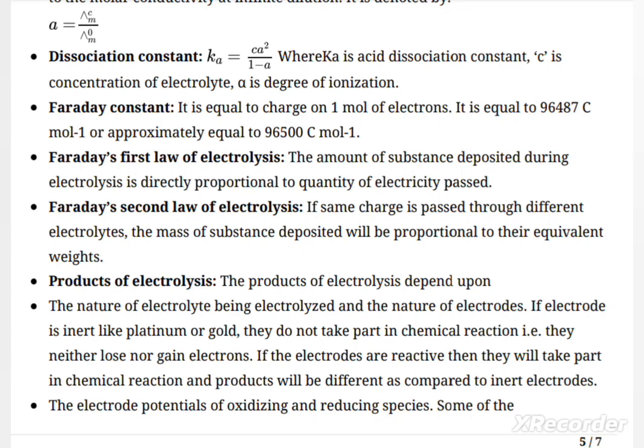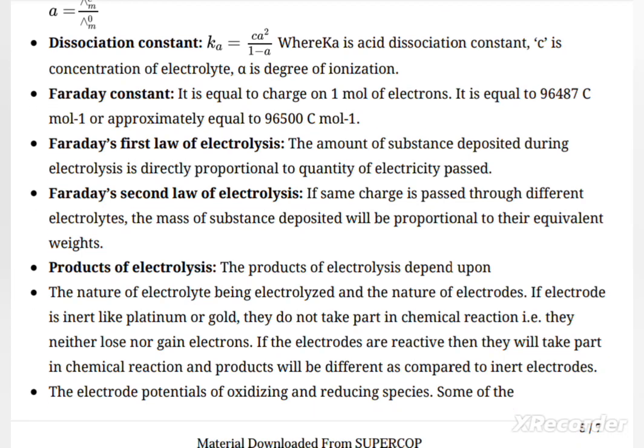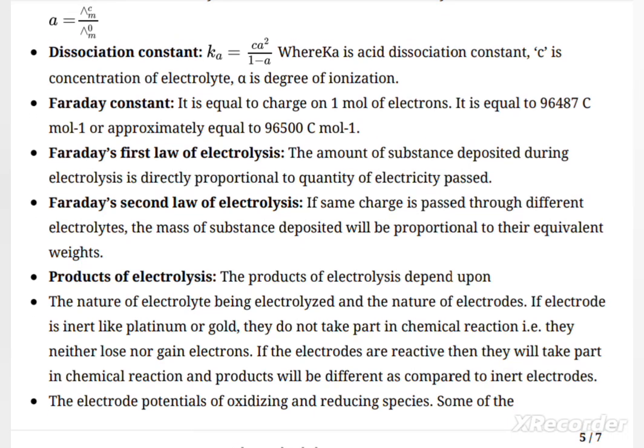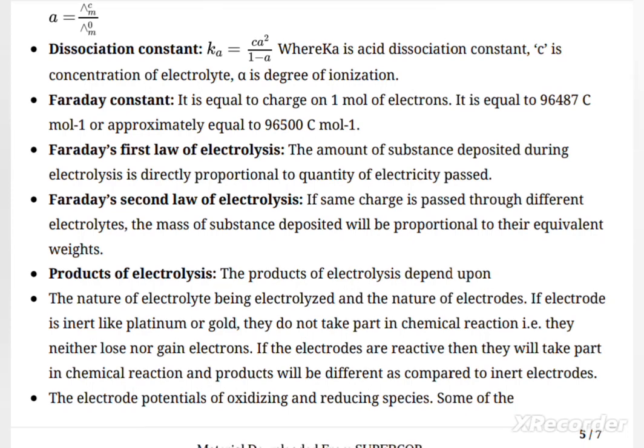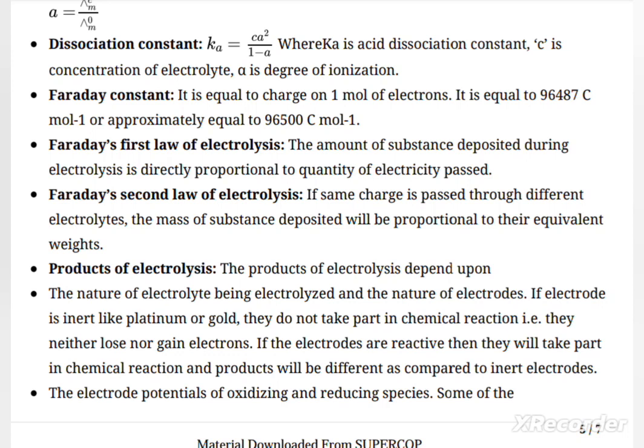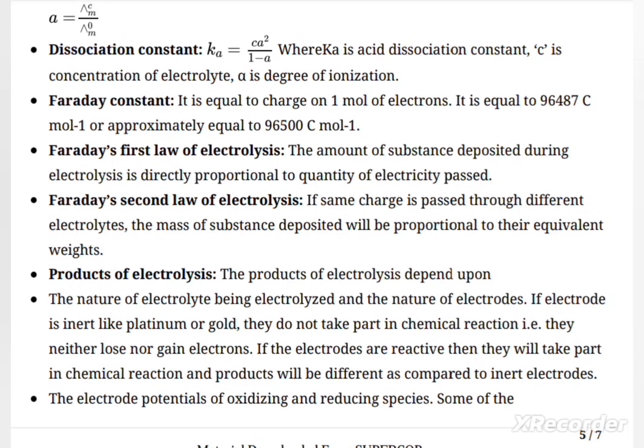The product of electrolysis depends first upon the nature of the electrolyte being electrolyzed and the nature of the electrodes. If the electrodes are inert, like platinum or gold, they do not take part in the chemical reaction, so they neither lose nor gain electrons.